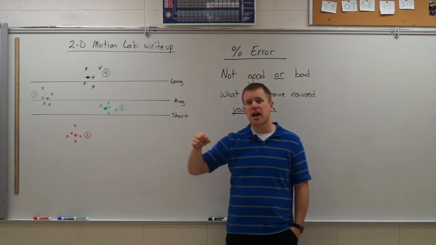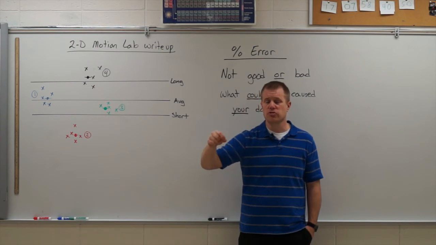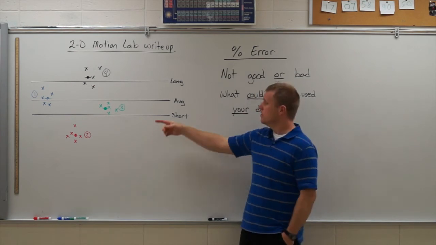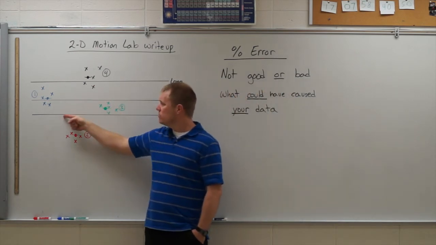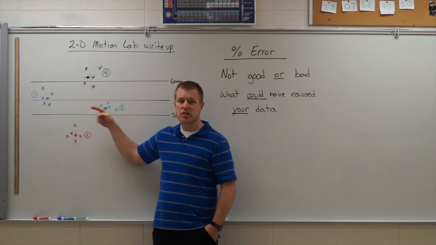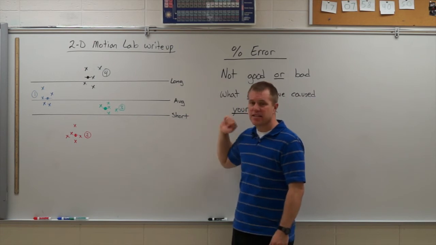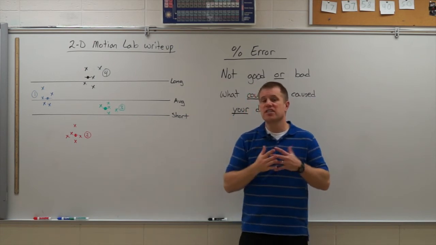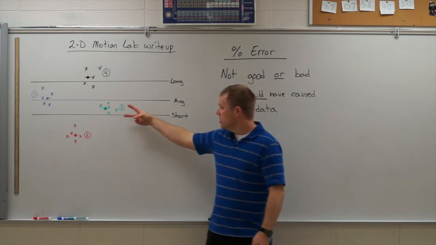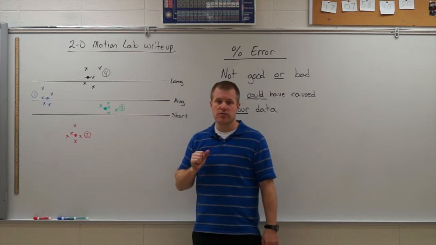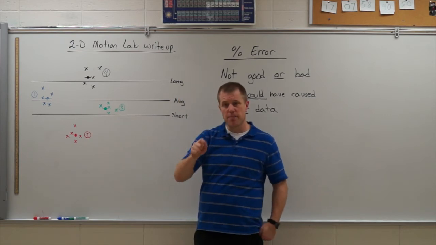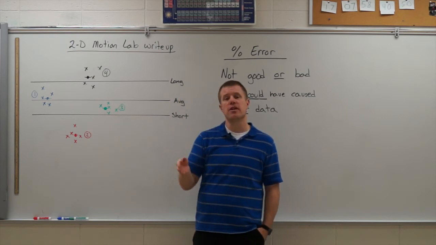All right, so let's think about how you dropped it. Well, each time you try to drop it from the same height. Did you drop it from the same height each time? No, that's why you got a range of short and long when you calculated the distances. So you should expect that your set of data should have a range of short and long. So you're not dropping it exactly the same place. That's called variation.